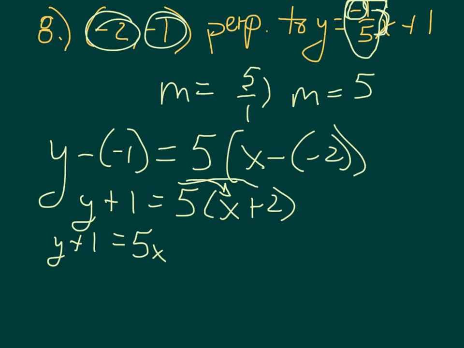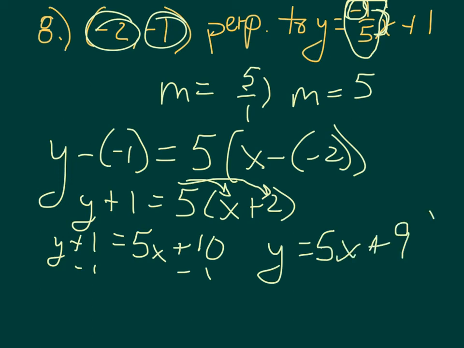Distributive property, plus 10. I subtract 1 from both sides. So now I get y equals 5x plus 9. There it is. There's my equation. Threw a little something different in there for you.